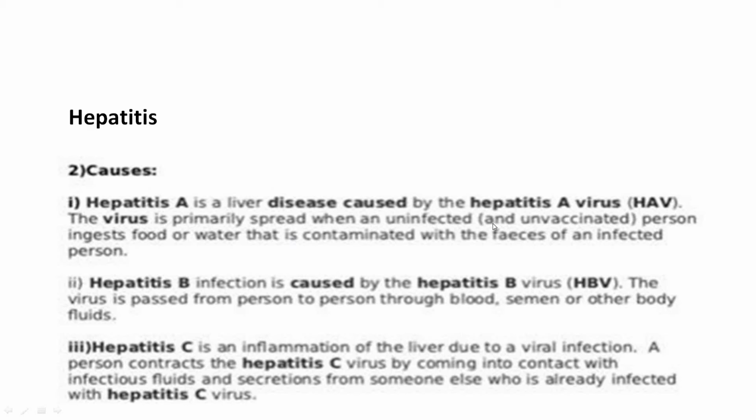The virus enters an uninfected or unvaccinated person. So we should take the vaccine for hepatitis A virus to protect our body from this deadly disease. Then we have hepatitis B infection.